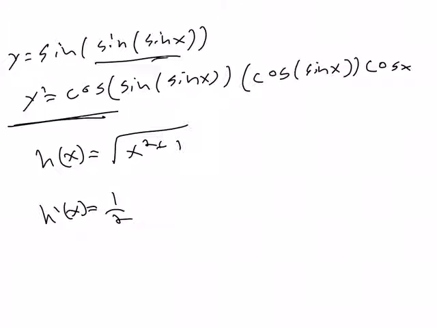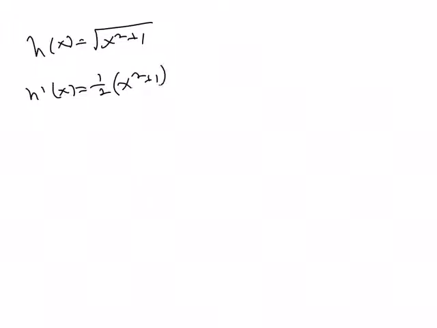So now we want to find the first and second derivatives of the function. So we want to find the first and second derivatives of h of x. h of x is equal to the square root of x squared plus 1. So h prime of x is going to be a half x squared plus 1 to the negative a half, all times 2x, right?